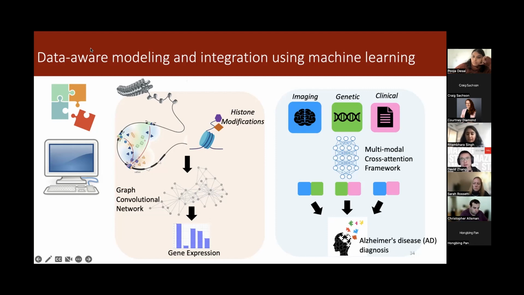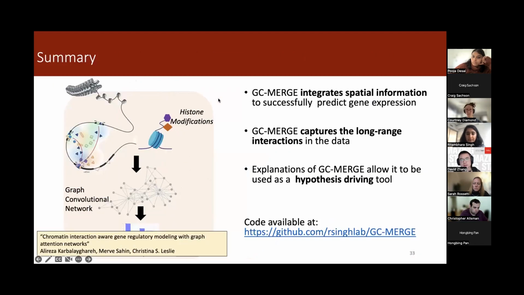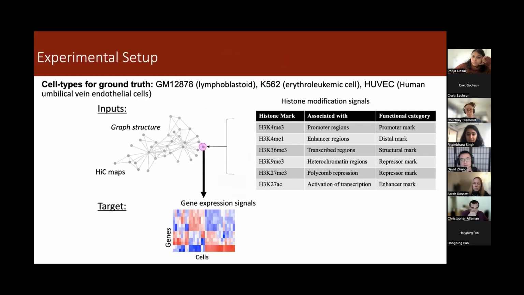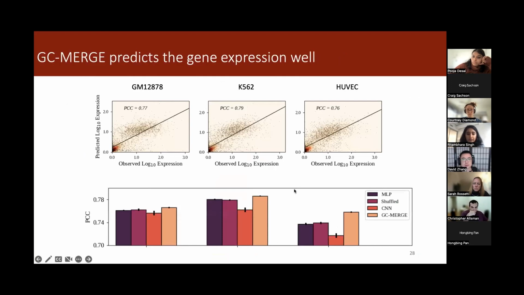Yeah, that's a very good question. So I think that comes back to the comparison over here. The CNN and the MLP are basically deep learning and multi-layer perceptron baselines where we did not have the long-range interaction. So here it was basically just looking at the histone modification signals around the region of the gene when making the expression prediction.